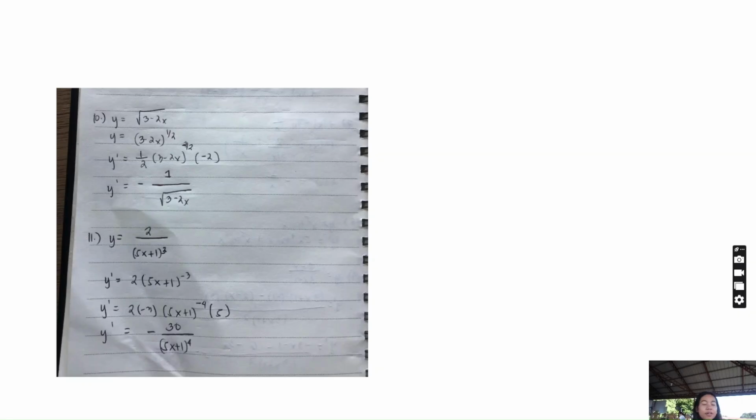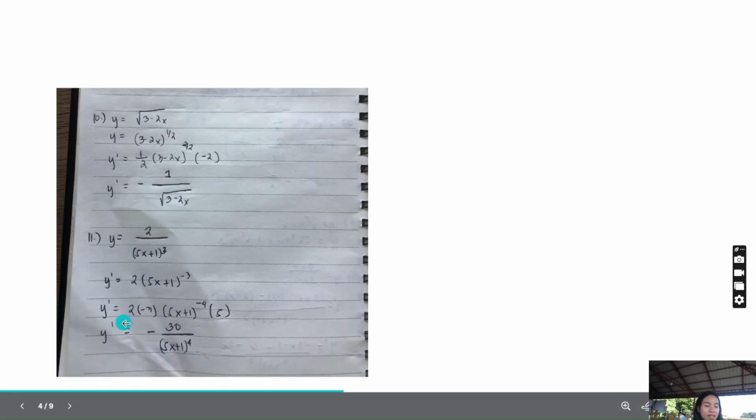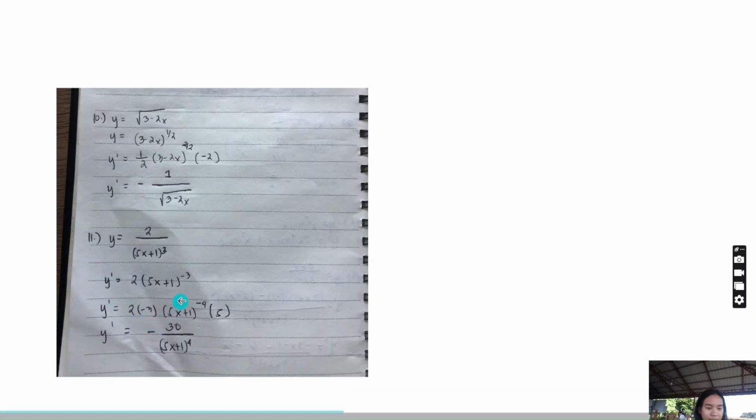So we will now apply the product rule, and thus we have obtained y prime equals 2 times negative 3. This is not just about the product rule, but rather the chain rule.